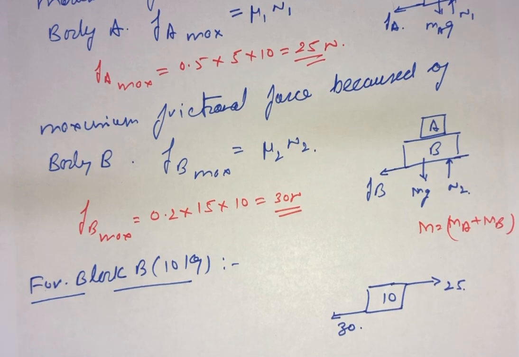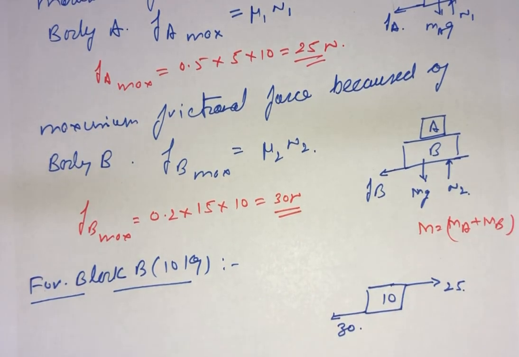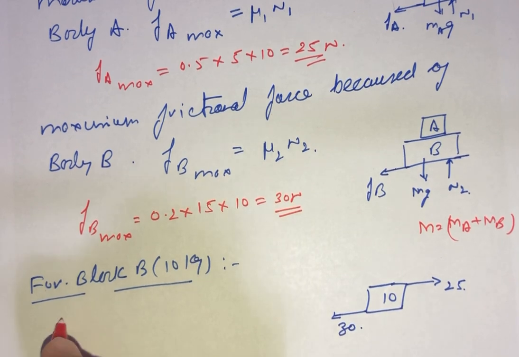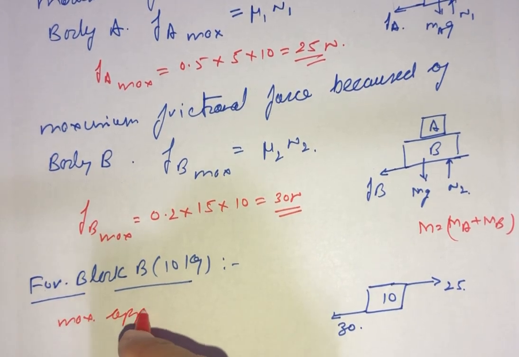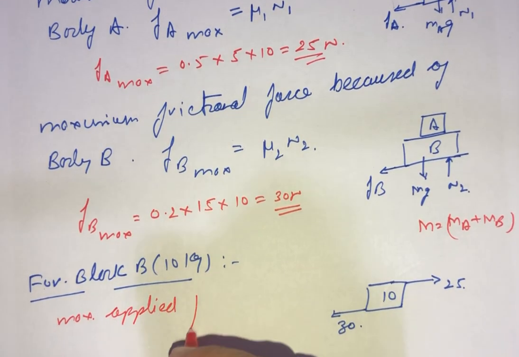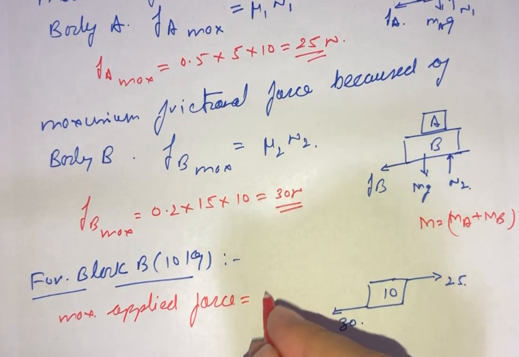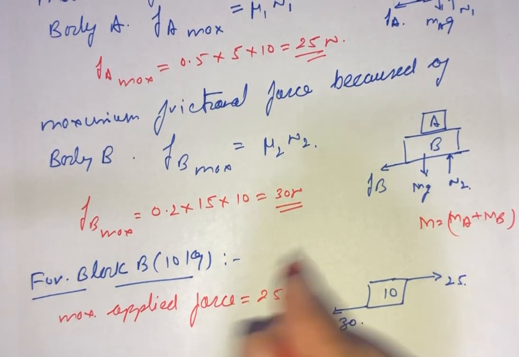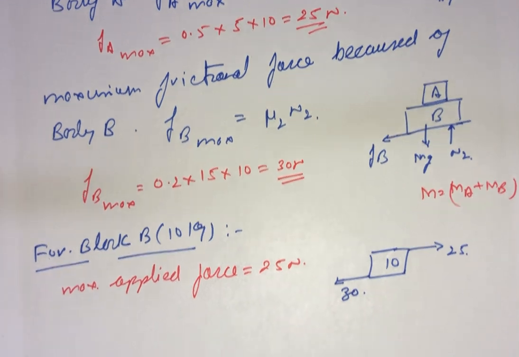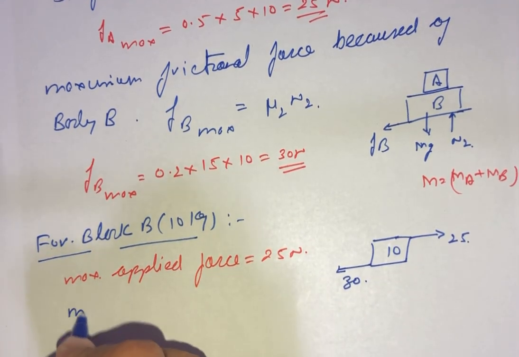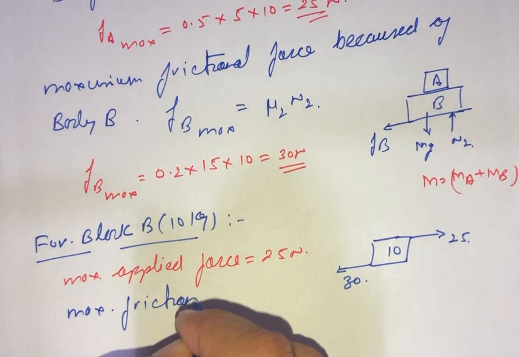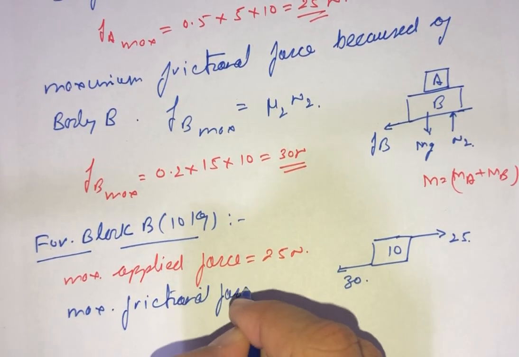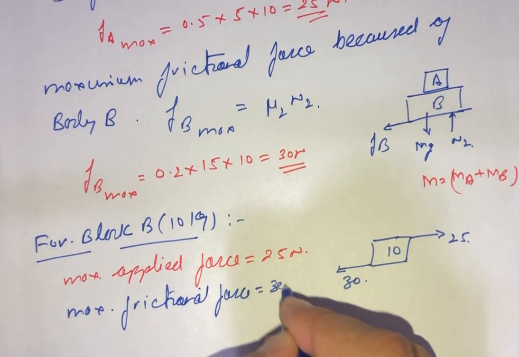Okay. So from here we clearly see that the maximum applied force is equal to 25 Newton, and the maximum force of friction is equal to 30 Newton.